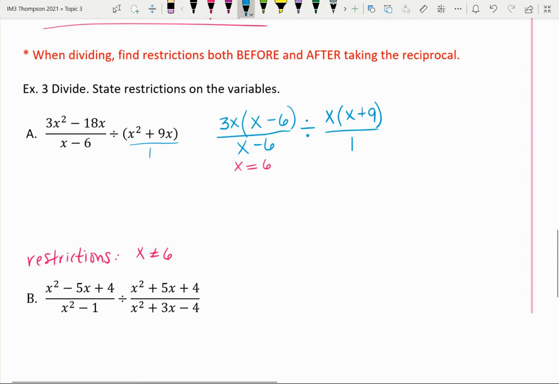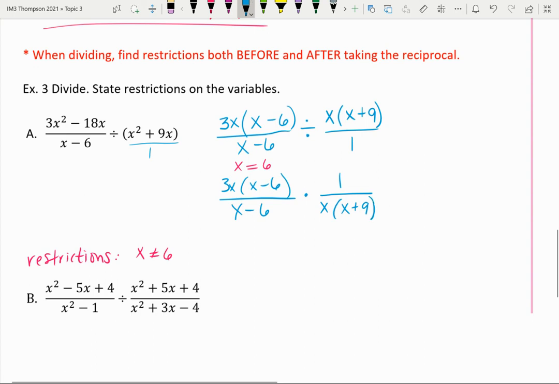Now I'm going to multiply by the reciprocal. So remember when I do that, I change this to multiplication and I only take the reciprocal of the right-hand side fraction. Then I have multiplied by 1 divided by x times x plus 9.